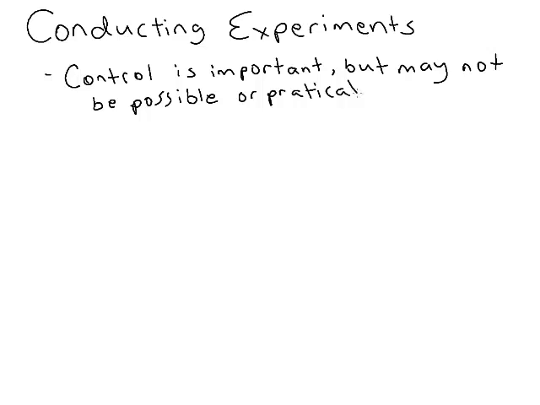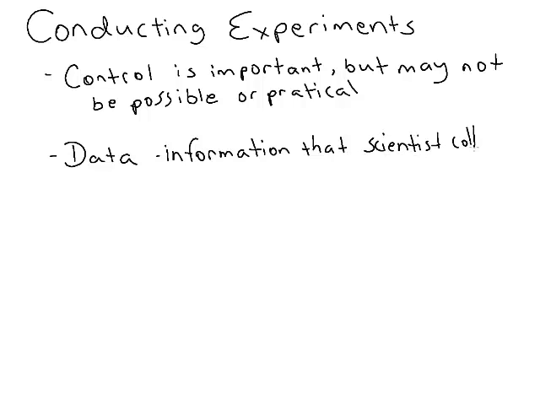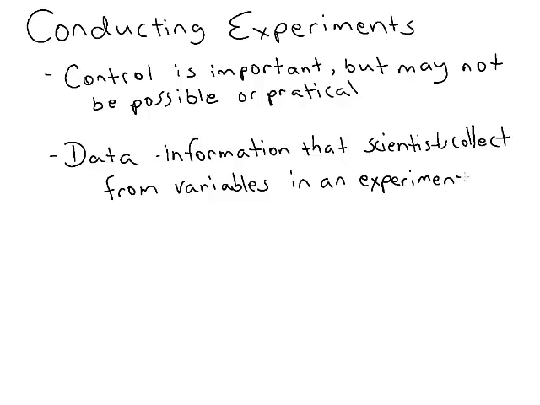Now, the information that scientists collect is called data. And these data, which is actually plural, are collected on variables of the test, or any factor that can change in value under different conditions. So for instance, if we were measuring the effect of a freezer on temperature, and maybe it's got a dial and it says cold and colder on it, and we want to know, what does that really do?